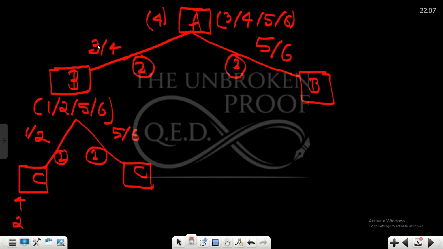And if A is 3 and B is 2, then C can be 4 and 1, right? 4 and 1. So you can have a slash like this, 4 and 1. And similarly, if you take 4 over here, then you'll get 3 and 2 and 3 and 1. You'll understand it.